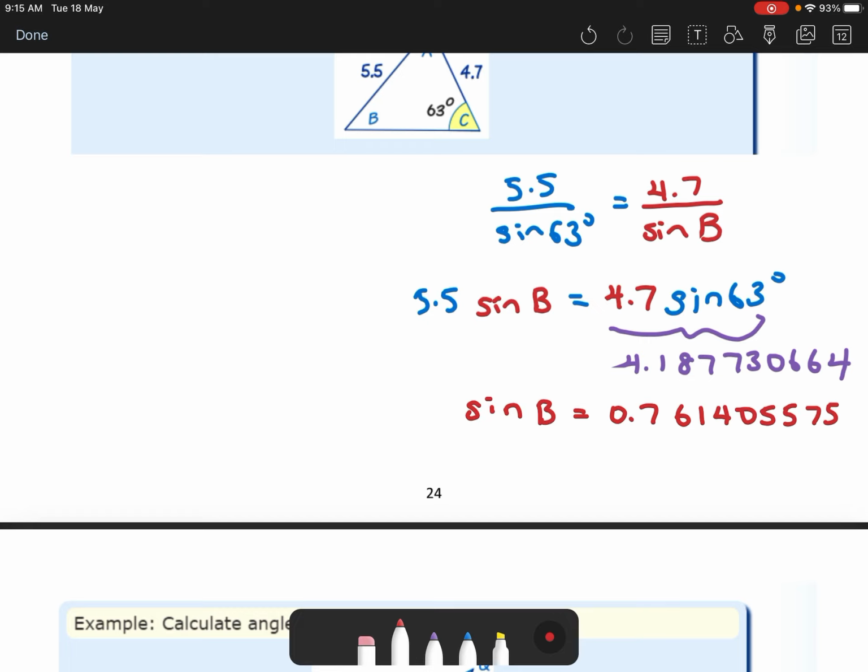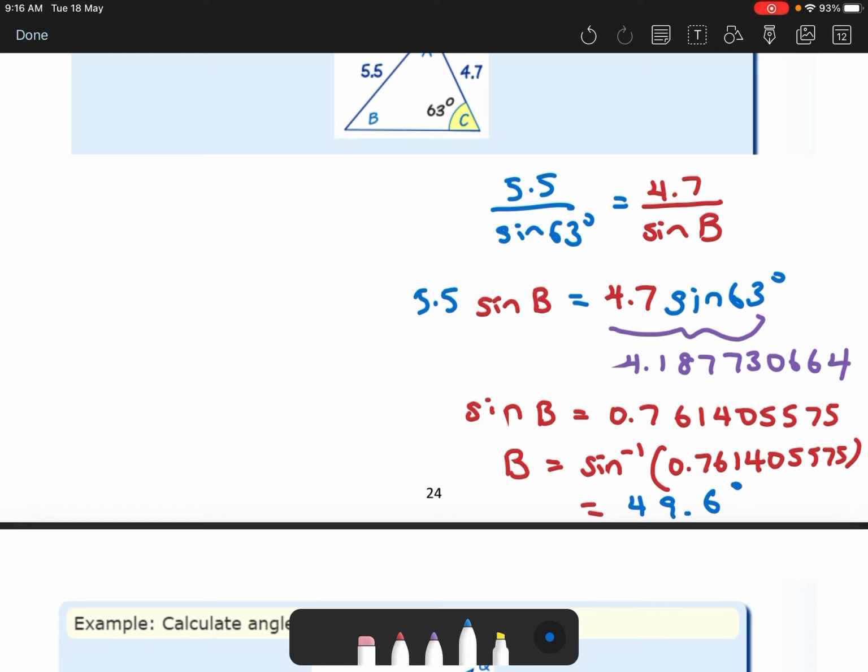Very simple. On your calculator, you just press sine inverse. For my Sharp, I will press second F and sine. So sine inverse of 0.7614055575, you should get about 49.6 degree. So just know how to use a calculator to do this operation, sine inverse.